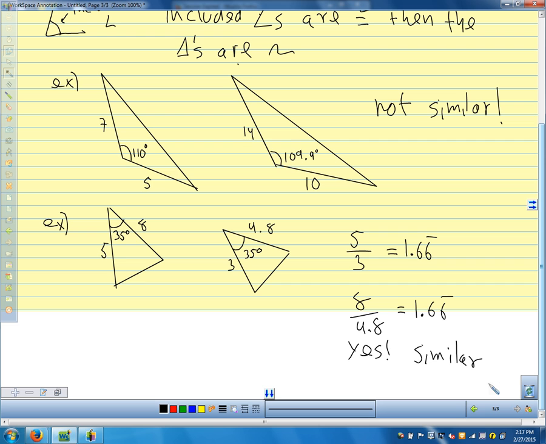And our scale factor is 1 2/3, or 1.666 repeating. All right, are we good there? Yeah, we're doing really good. All right, questions? Okay, let's do a quick proof.